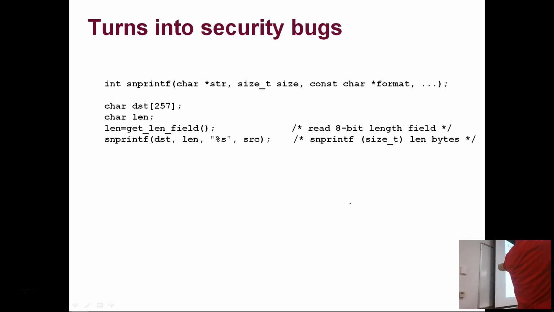And then this size_t is an unsigned integer. So now that all ones gets cast into an unsigned integer, just like 4 billion. And then you're going to print a 4 billion length string from the source to the destination, which means you could write over all of your memory. Pretty much. That's game over for this particular DNS server.